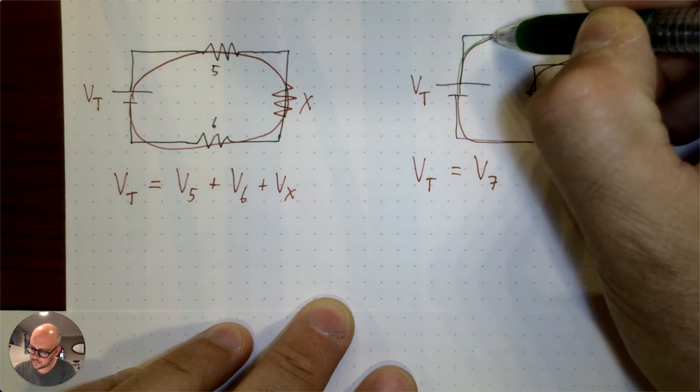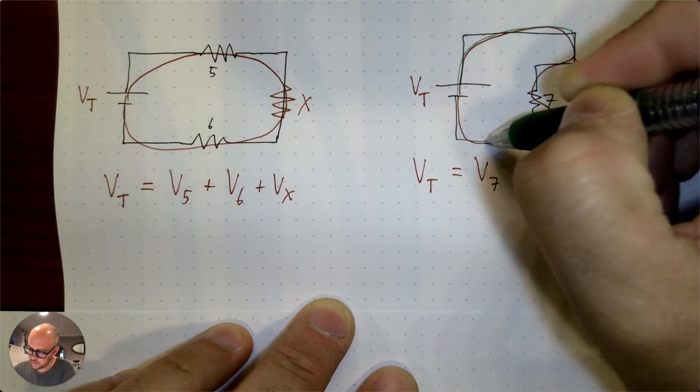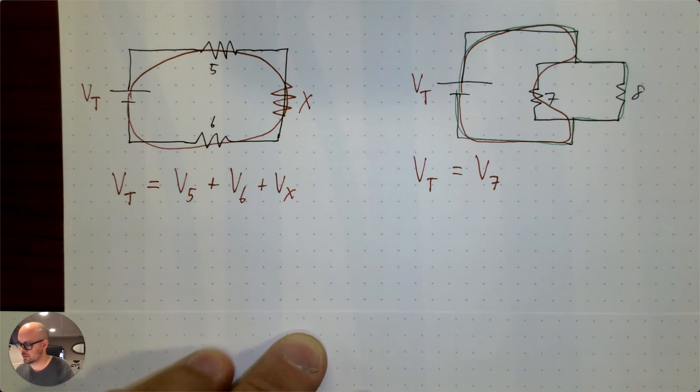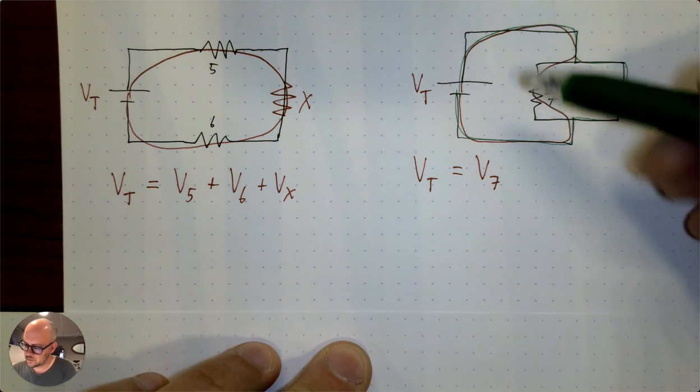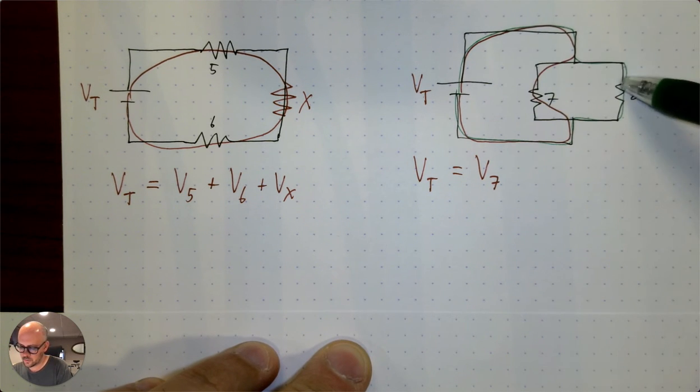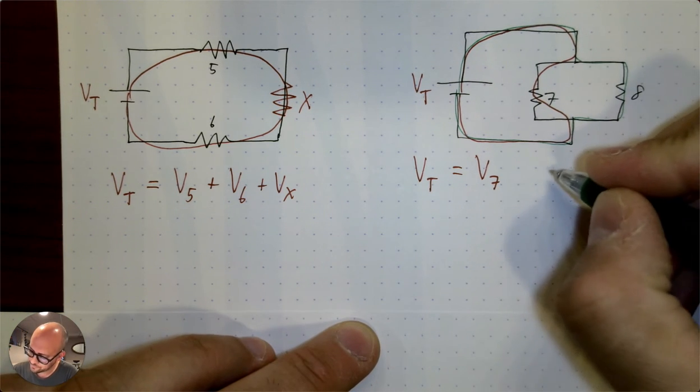There is a second loop, and that's not showing up so well, but I think you'll be able to see it. There's a second loop that goes through R8, and I don't really have another good pen for that, but that's okay. So there's a loop that goes from the battery through R8 and then back to the battery. So I can write a separate equation.